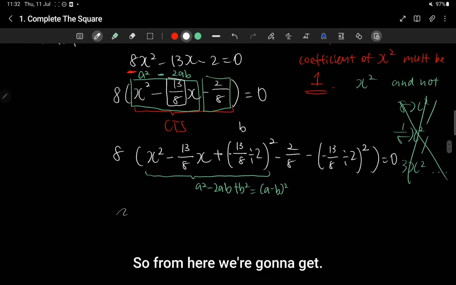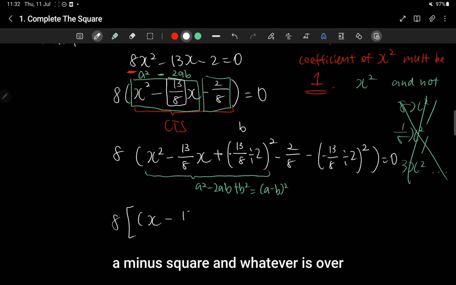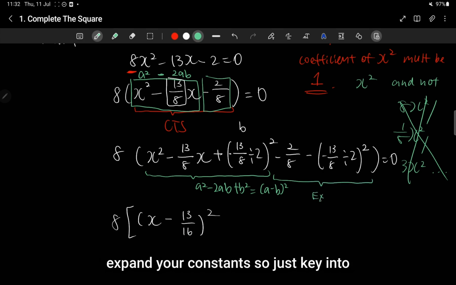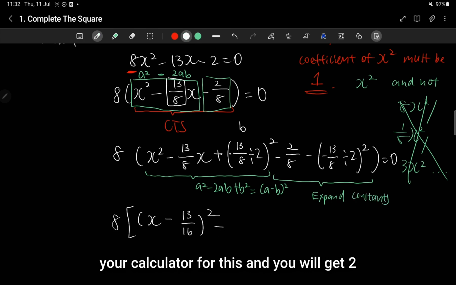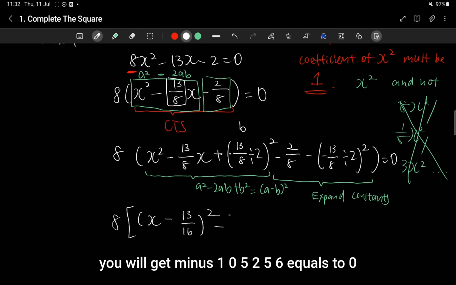So from here we're going to get a minus b squared. And whatever is over here, which are your constants, we would expand your constants. So just key into your calculator for this and you will get 2 over 8 minus 13 over 8 divided by 2 squared. And you will get minus 105 over 256 equals 0.